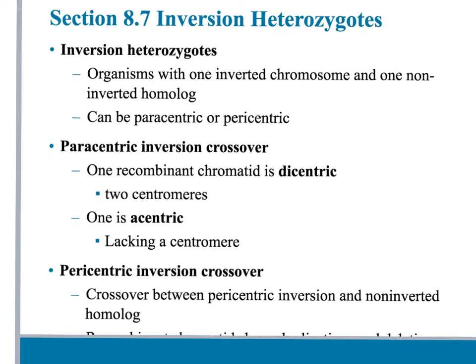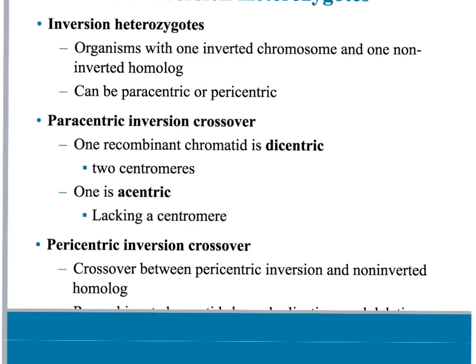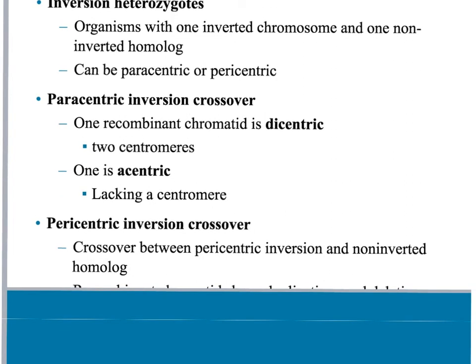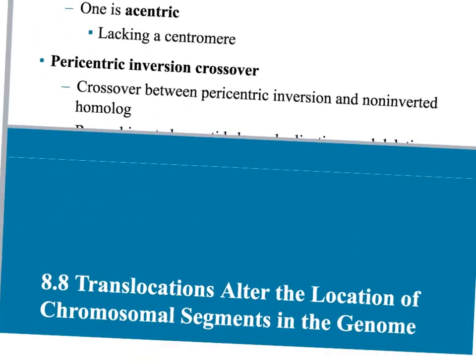And then pericentric inversion crossover is the crossover between pericentric inversion and non-inverted homologs. This bottom line got cut off, but I hope you can see it in the PowerPoints. What it says is recombinant chromatids have duplications and deletions. So when you do any kind of recombination of chromatids, you can pretty much be assured to have a duplication or a deletion at that point.